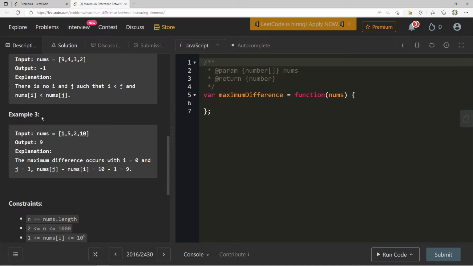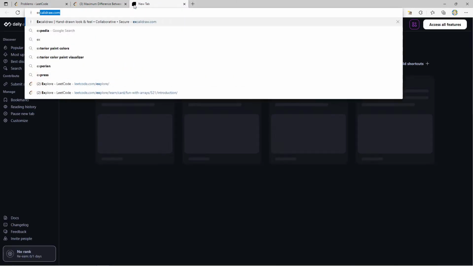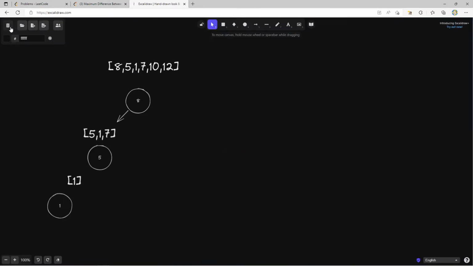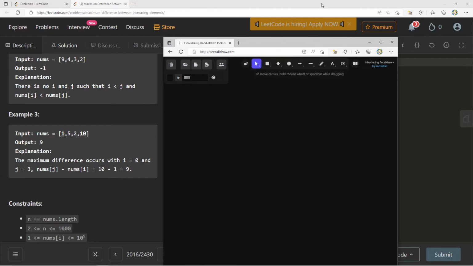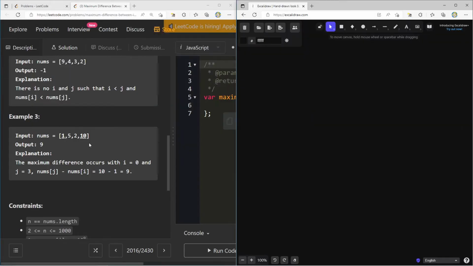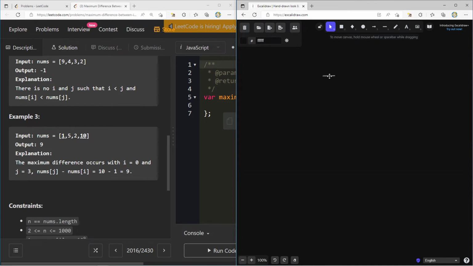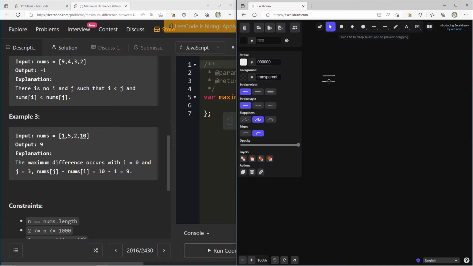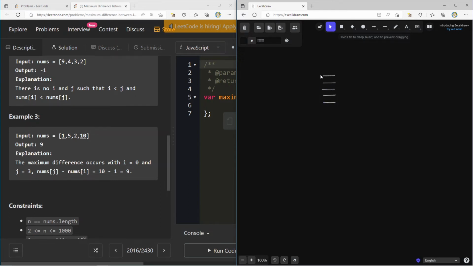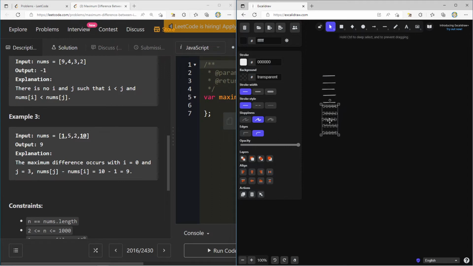Because I feel like if we draw this out, let's open up Excalidraw. So let's imagine we have some imaginary thing here, right? Let's make this a little bit nicer. We'll go up to 10 here: 1, 2, 3, 4, 5, and then 6.